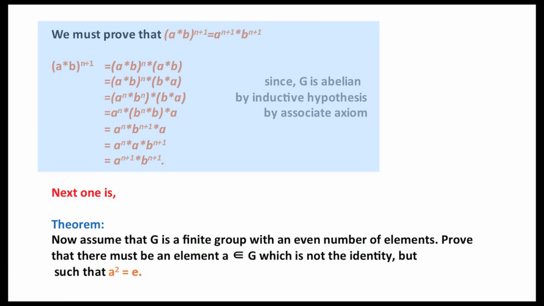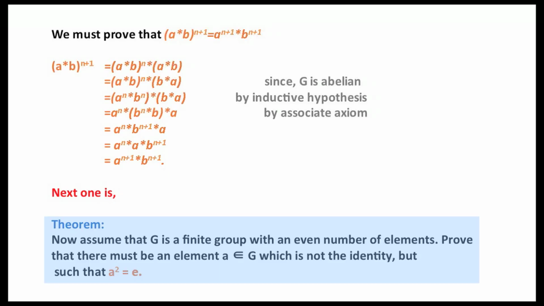Then again (ab)^n ba, since G is abelian. Then again a^n b^n ba by inductive hypothesis. Then again a^n a b^(n+1), and finally we get a^(n+1) b^(n+1).